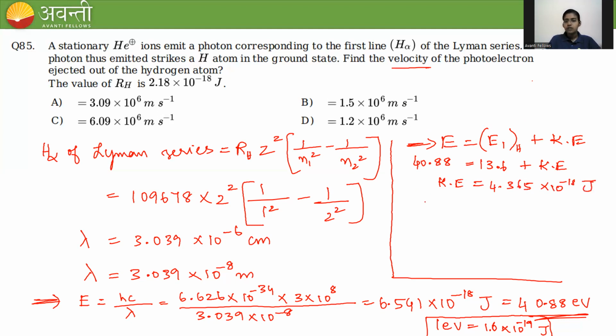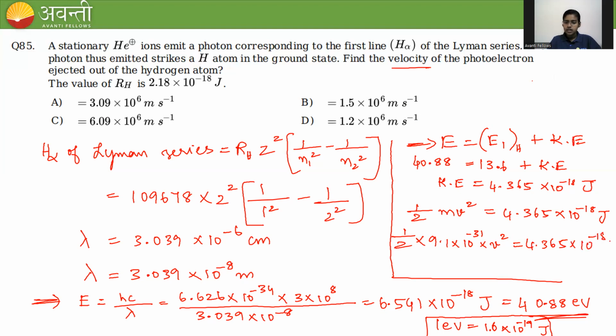Okay. And we know that kinetic energy is equal to half mv square, which is equal to 4.365 into 10 to the power minus 18 joule. And from this, half mass of the system, mass is 9.1 into 10 to the power minus 31, into v square is equal to 4.365 into 10 to the power minus 18 joule.